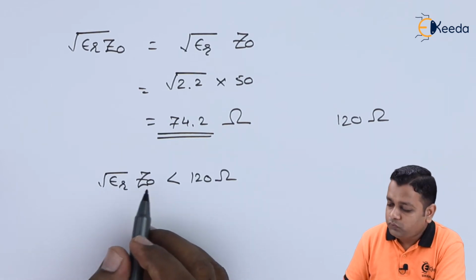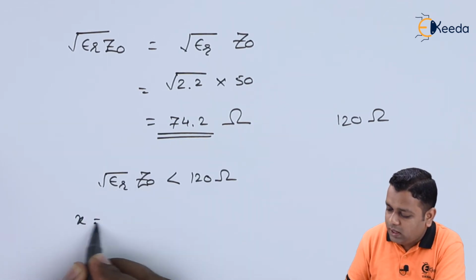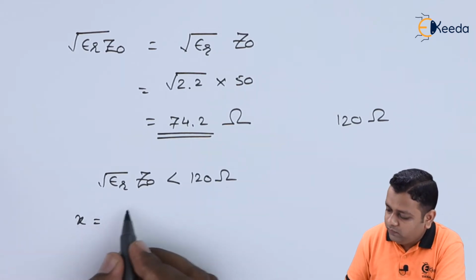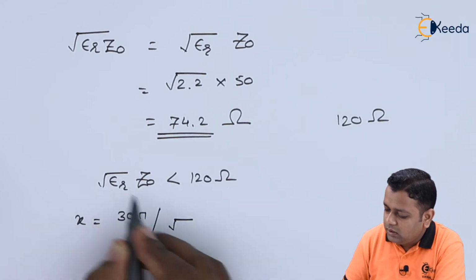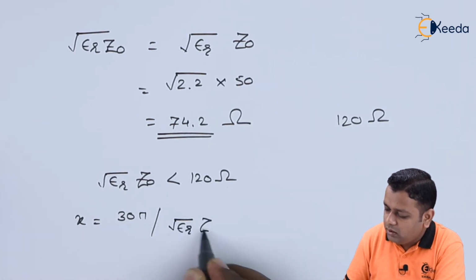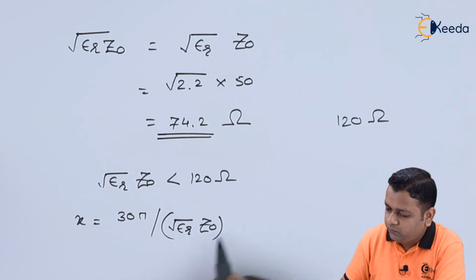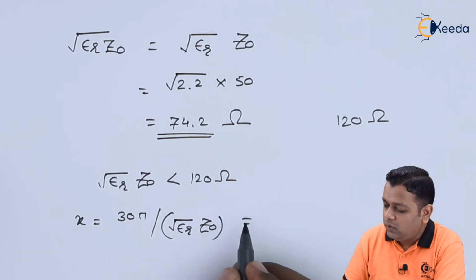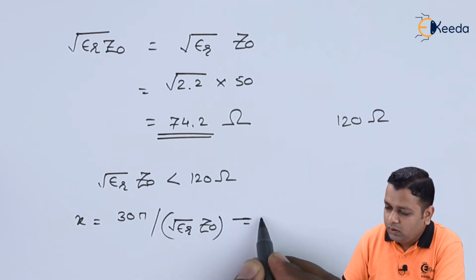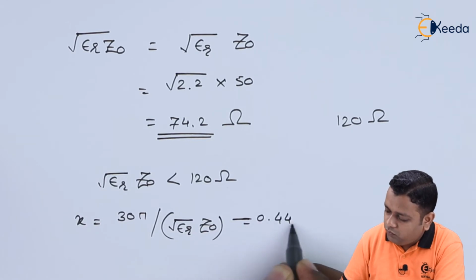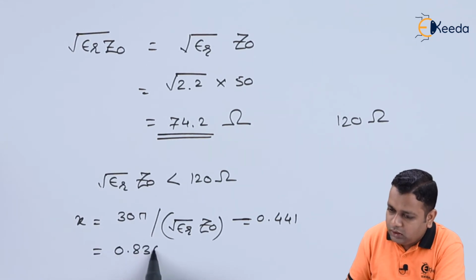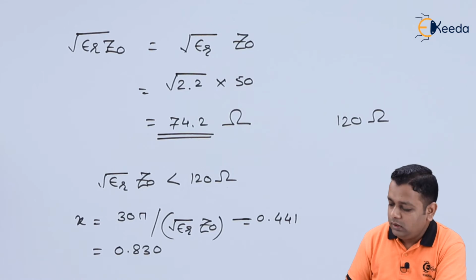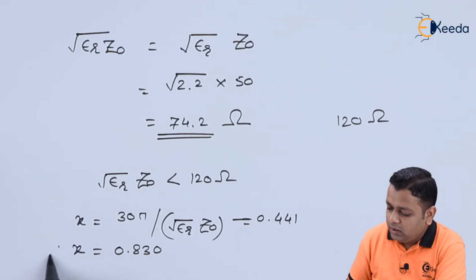And also we have the value of small x calculated as 30 pi divided by square root of epsilon r into z0, minus 0.441, and finally we obtain the value 0.830. So this is the value of x we have.